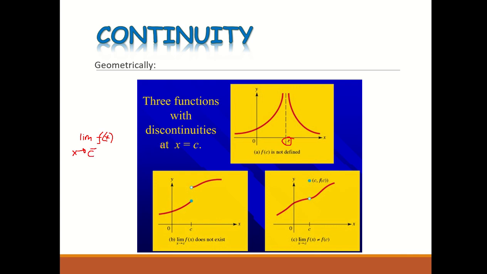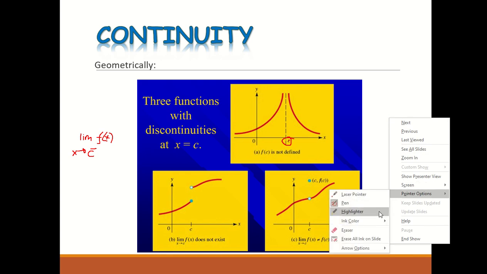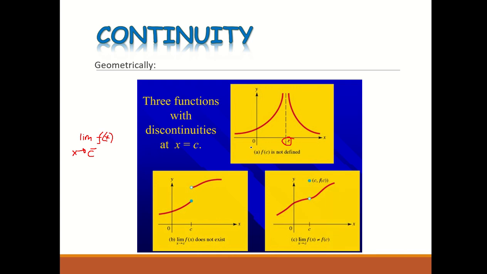From the left, it means that you need to trace the graph from the left, something like this. You're approaching, meaning the value of x is approaching towards c.